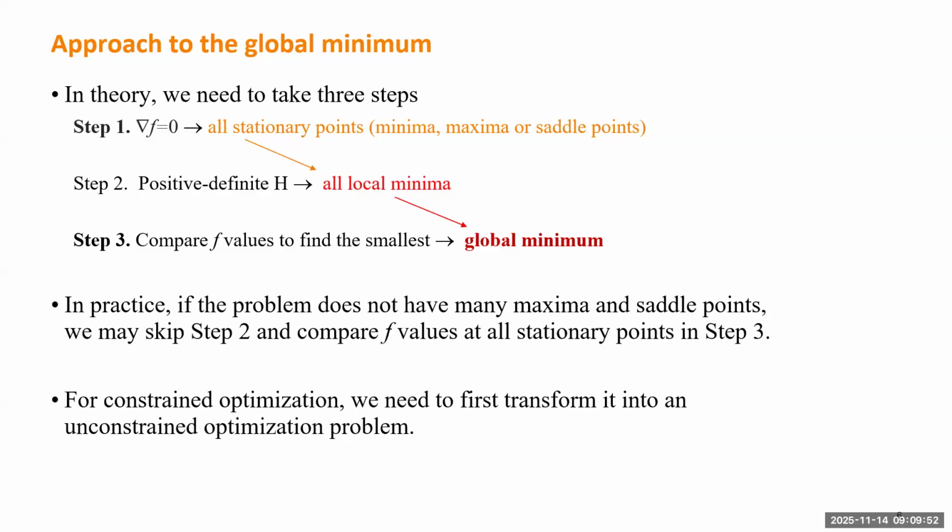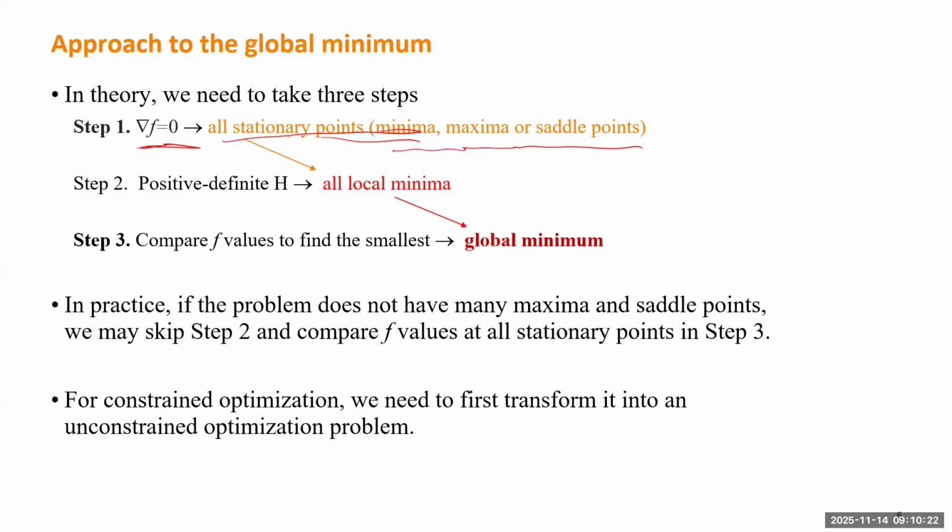So we learned some basic methods for solving optimization problems. Typically it will take 3 steps. If you have a nonlinear function, you need to find the gradient vector del f. The gradient vector needs to be 0, which means you first narrow down your search to all stationary points, but which will include minimal points, maximal points, or saddle points.